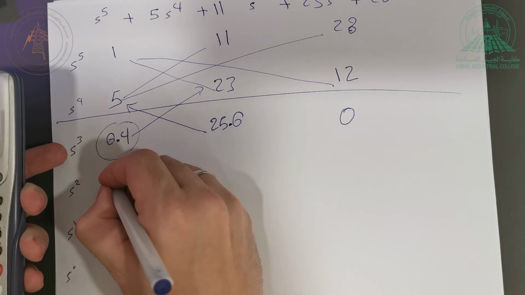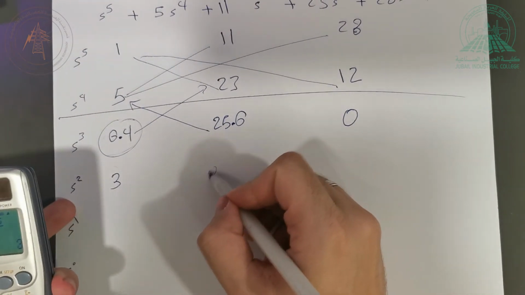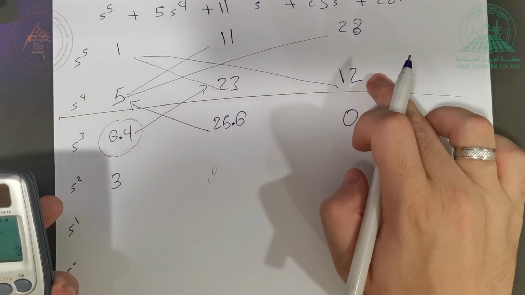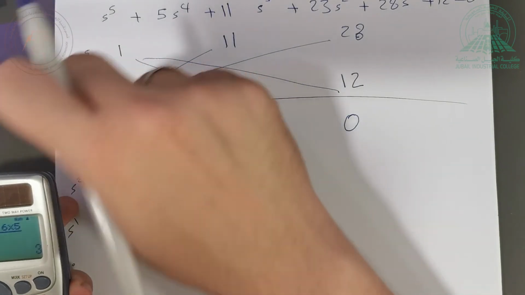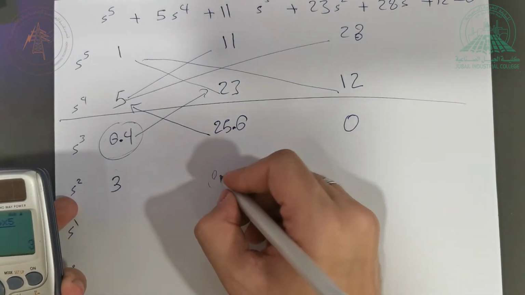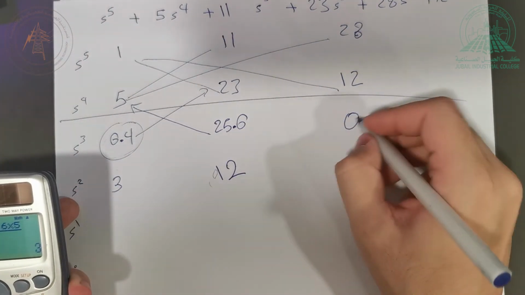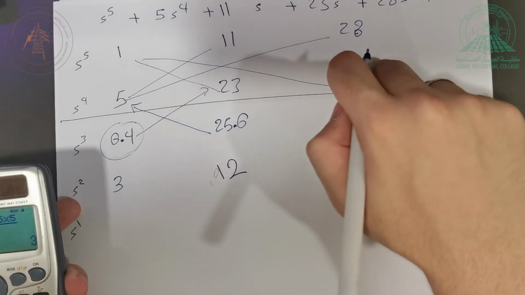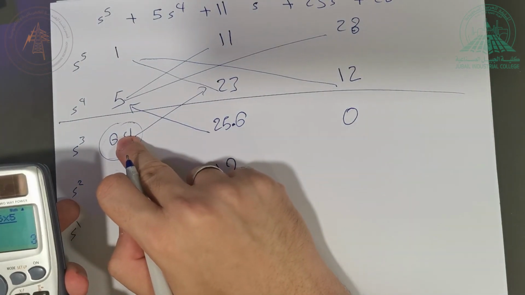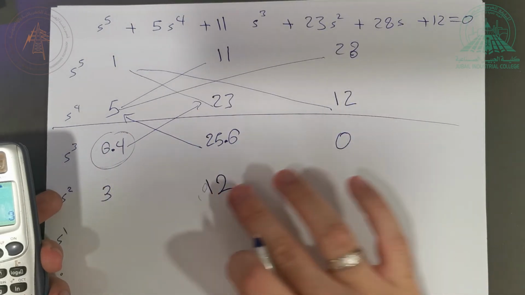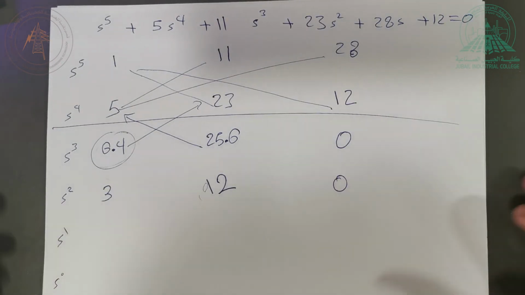We get 3. How about this element? 6.4 multiplied by 12 minus 0, divided by 6.4. So you get 12. Again, if you have 0 here, this element is equal to this one, because it will cancel out with itself when you divide. And of course, 0 means 0 below it.